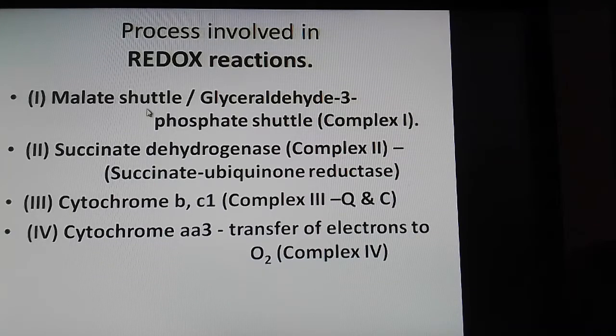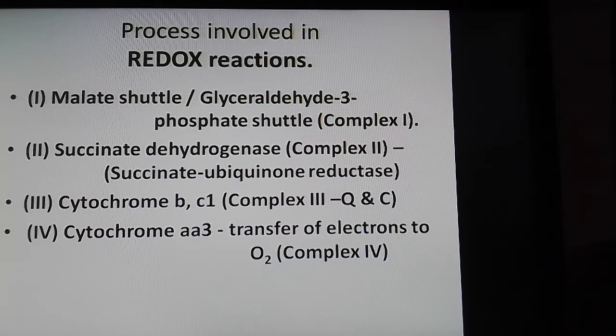Now the malate shuttle and glyceraldehyde 3-phosphate shuttle are important in transferring NADH available in the cytoplasm into the mitochondria. Just for an idea, during glycolysis, which happens in cytoplasm, NADH is produced, and the mitochondrial membrane is said to be impermeable to NADH.